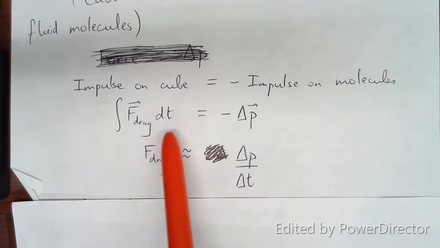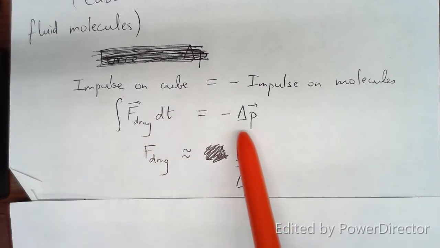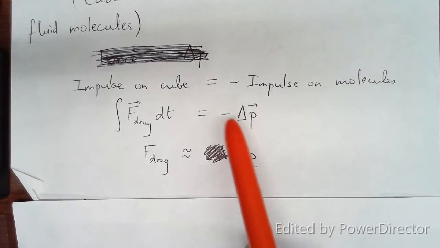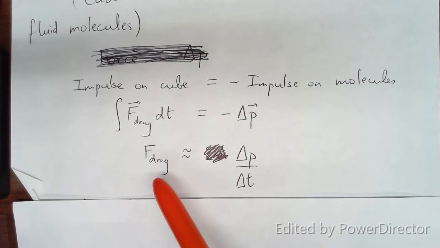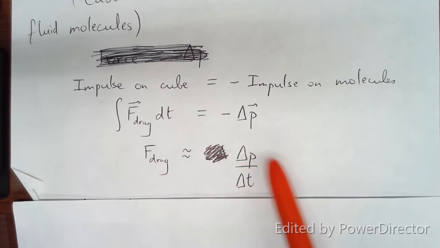We can write the impulse on the cube as the integral of f drag dt, and the impulse on the molecules as delta p, and the minus sign carries over. And so we obtain a rough expression for f drag. The magnitude of f drag will be approximately delta p over delta t, where this side is referring to the molecules.